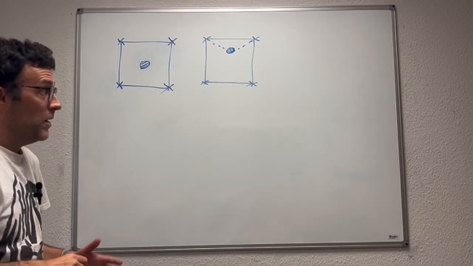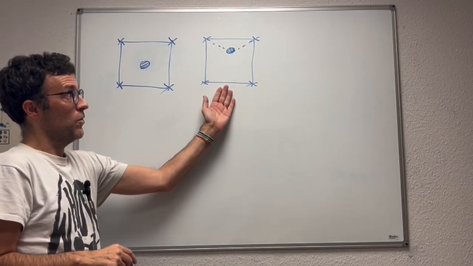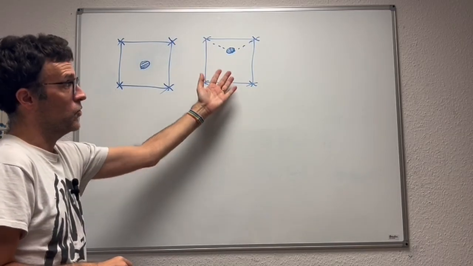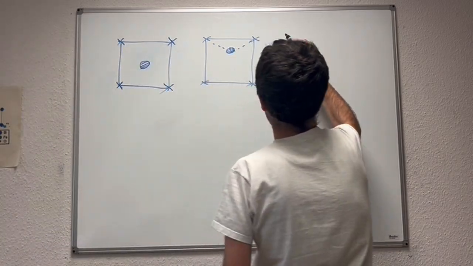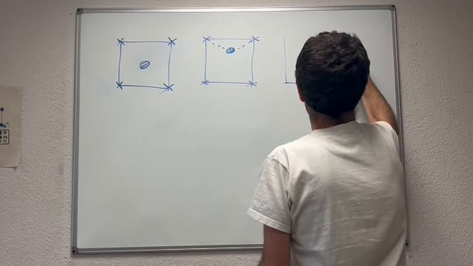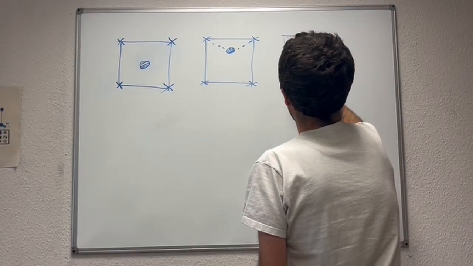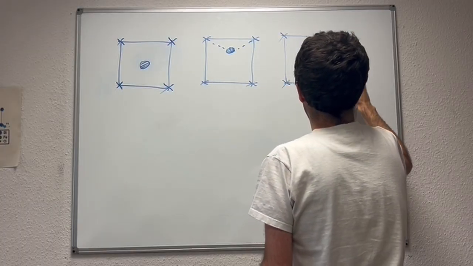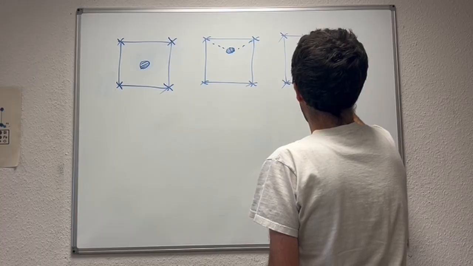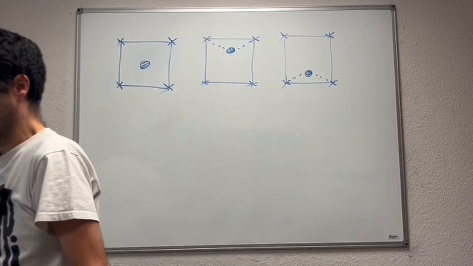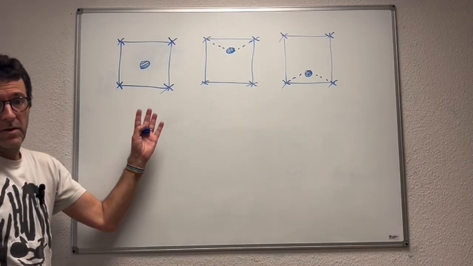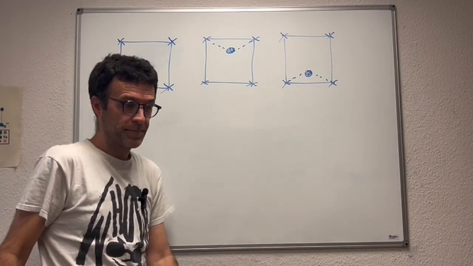Right? But then, of course, this is not the only possibility we have to make those shorter bonds, right? At least we have another one. We are going to pay attention to only another one, which is this one. So here I have moved the central atom up, but the central atom could also move down. Okay, so we have two possibilities.